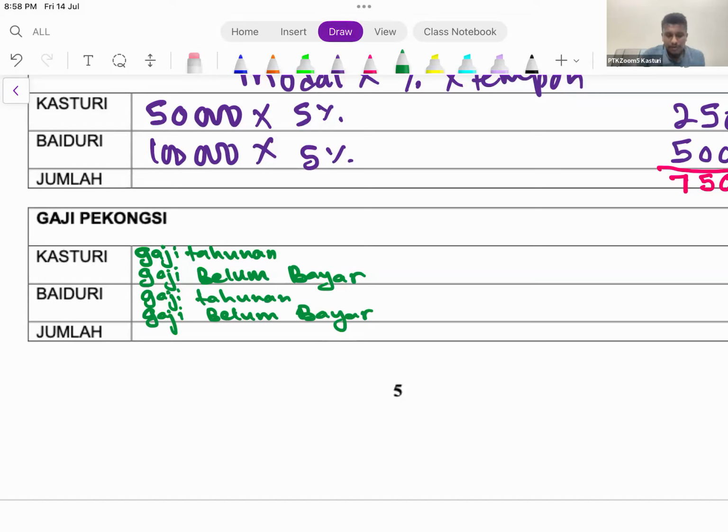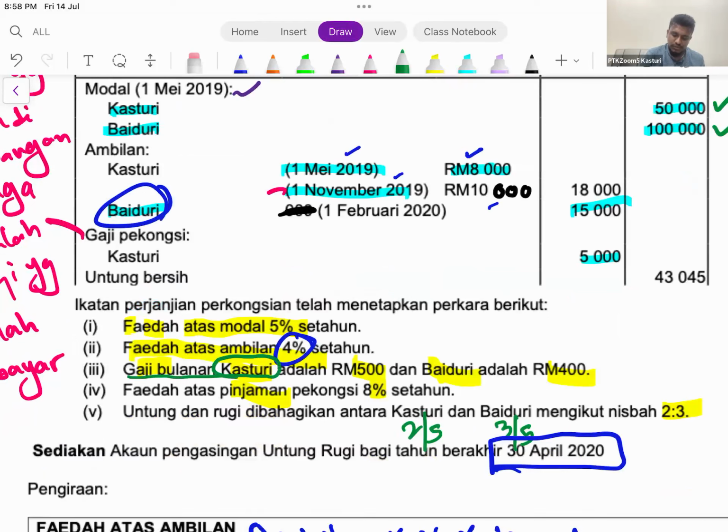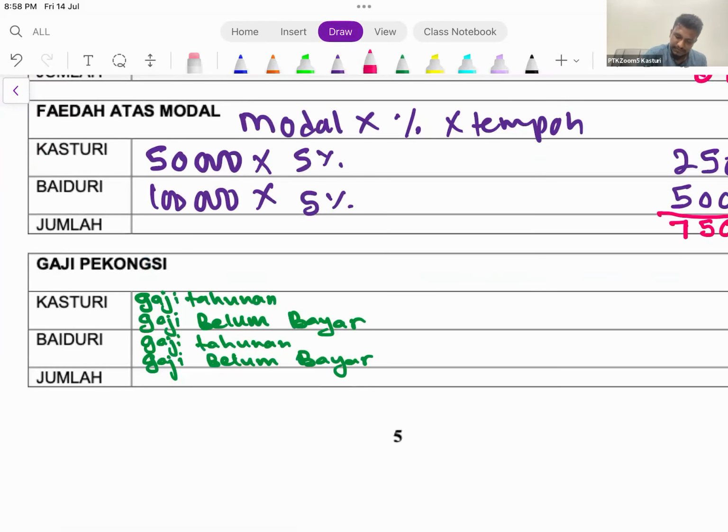Okay. For gaji tahunan, we need to read the maklumat tambahan there. Gaji bulanan Kasturi adalah 500, Baiduri adalah 400. Ini sebulan. So Kasturi $500 times 12, Baiduri 400 times 12.